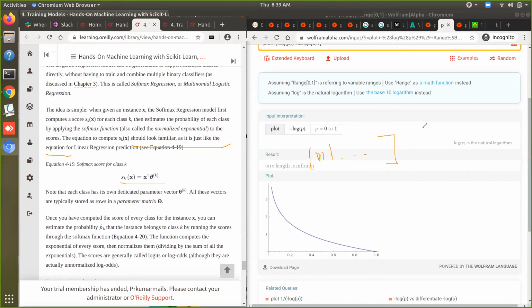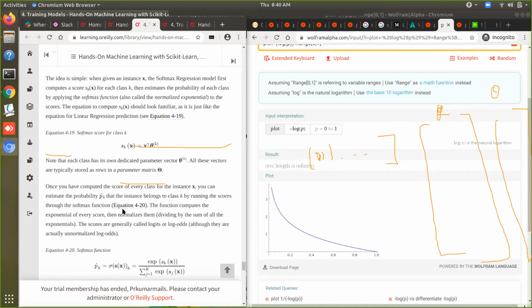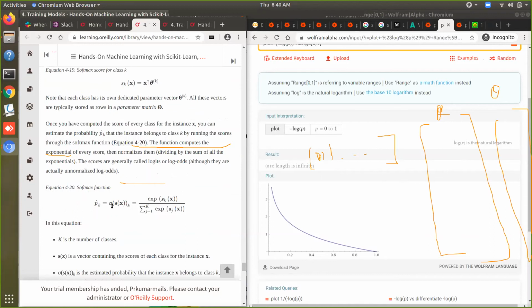Then for the class K, for example if it is Virginica flower, we have some theta values. For another flower, we will have some other theta values. Like that, we have to compute individual theta parameters. Then we have to do sigmoid on top of them. Sorry, softmax on top of them.